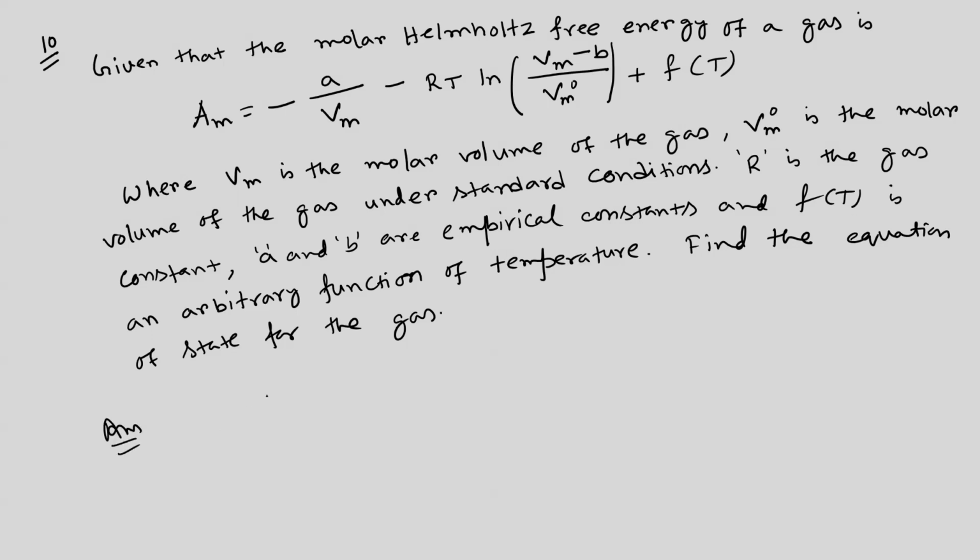So, basically we need to calculate P, which has to be related to the volume in order to get the equation of state of the gas. Okay. So, how do we solve this?